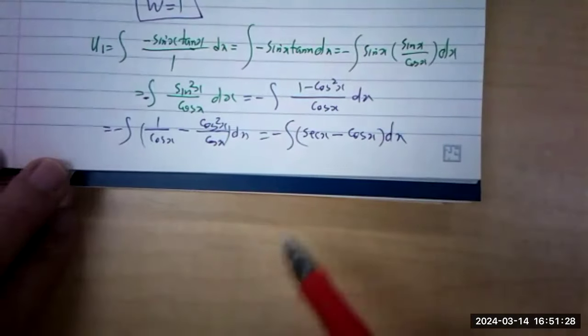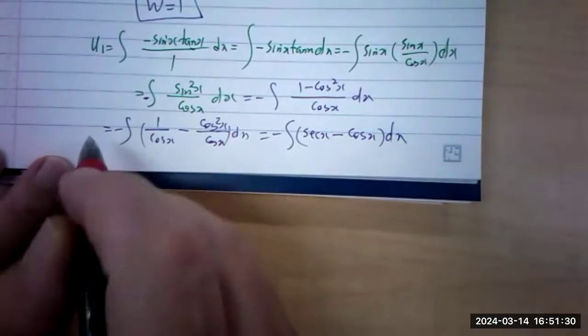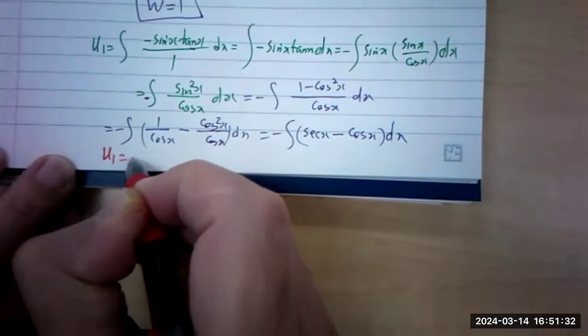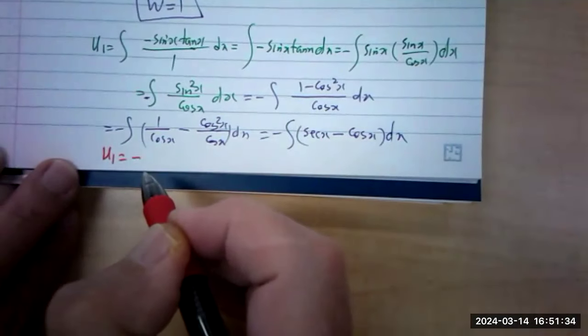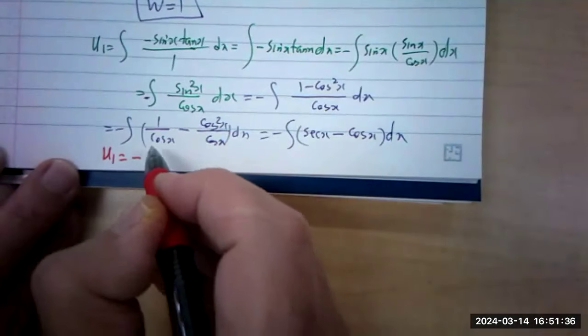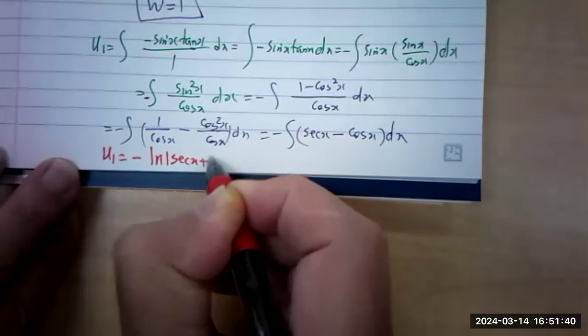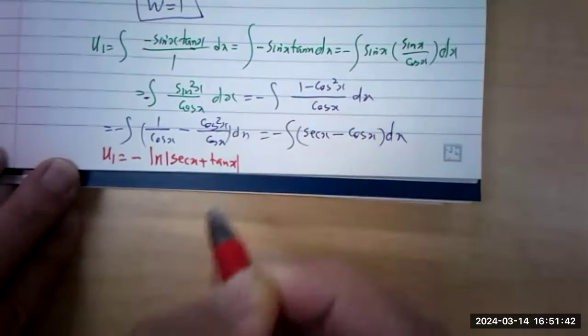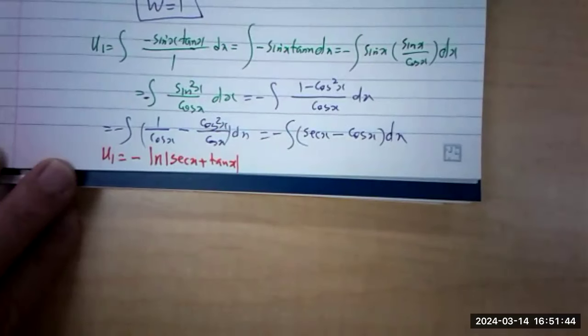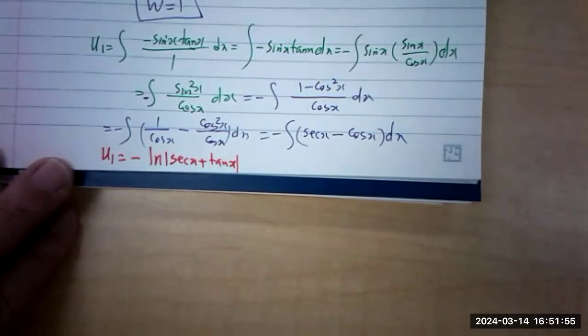So you must remember the integral of a secant, okay? So U1 is going to be negative. The integral of a secant, you remember? Yes, natural log, absolute value of secant x plus tangent x. You should remember it, because secant and secant cubed are part of the game for this variation of parameters problem.